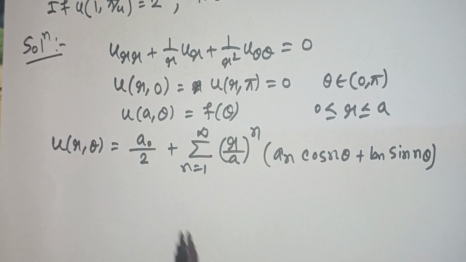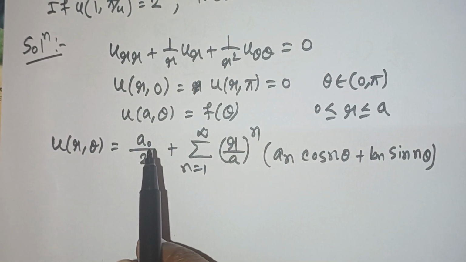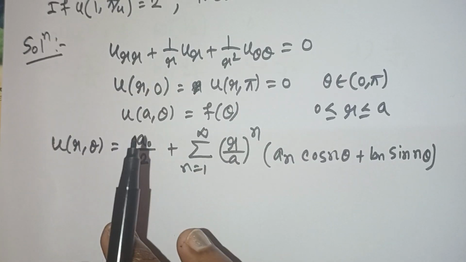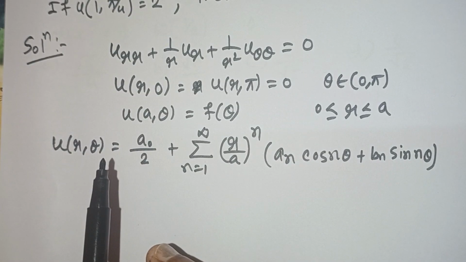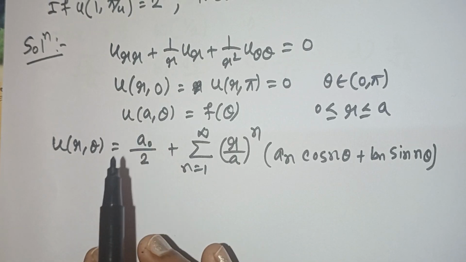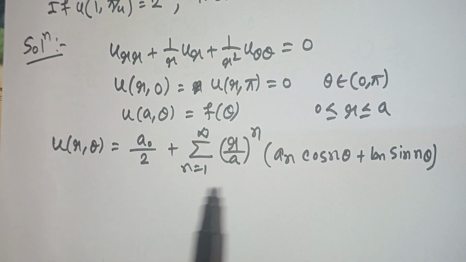If you want to know how this solution comes about, let me know in the comment section and I will solve that in another video. Otherwise the video will become unnecessarily lengthy.